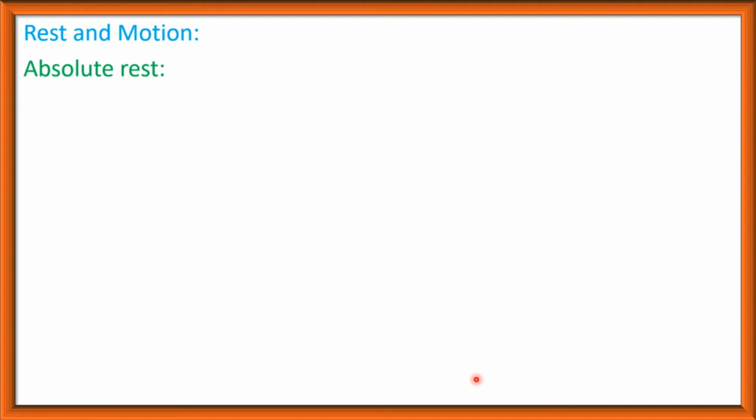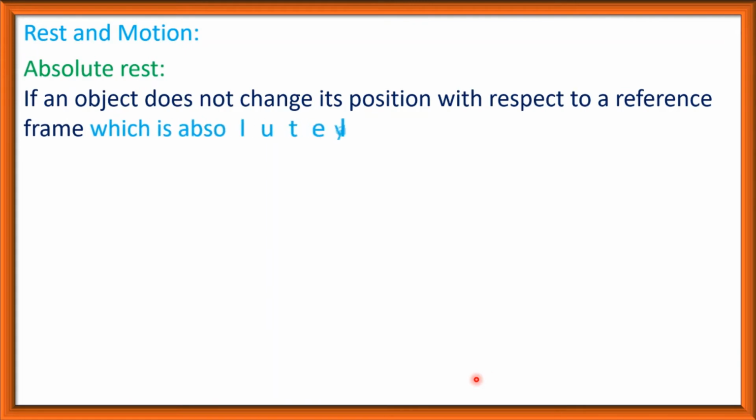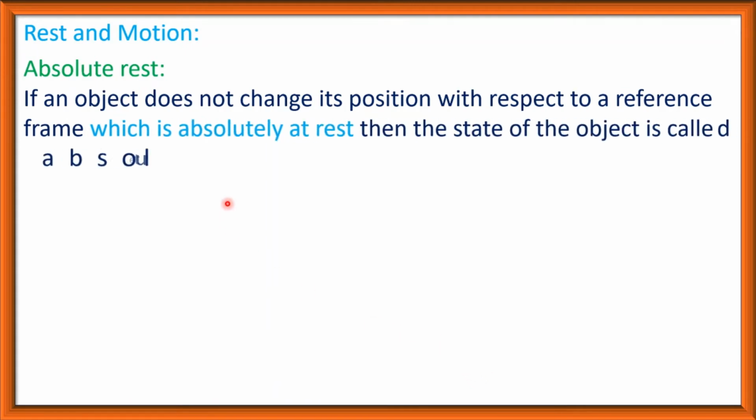Now, absolute rest. If an object does not change its position with respect to a reference frame which is absolutely at rest, then the state of the object is called absolute rest. That is, the reference frame must be at rest absolutely, that is, really at rest.